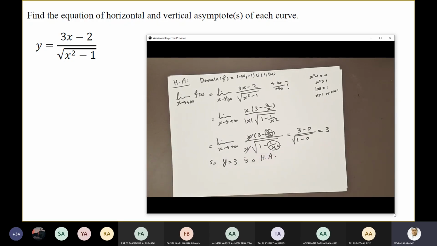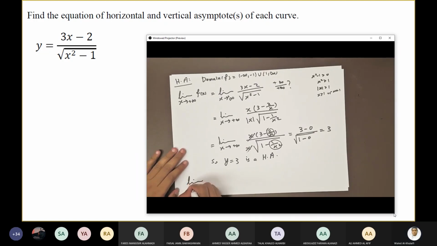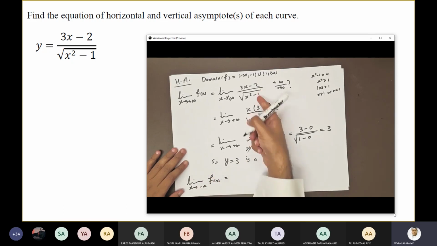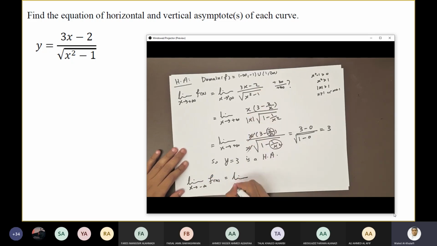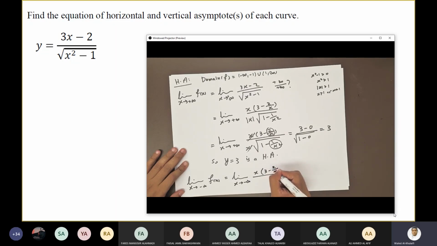Fine, I did the limit when x goes to plus infinity. Let's do the limit when x goes to negative infinity of f of x. You will repeat the same steps, except what will differ is here: you take x times 3 minus 2 over x, and you get the absolute value of x. The absolute value of x turns out to be minus x.